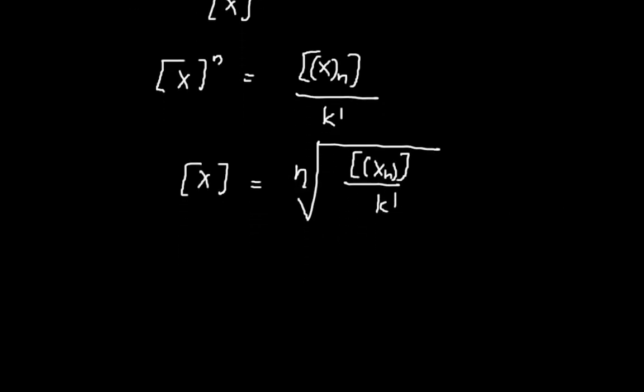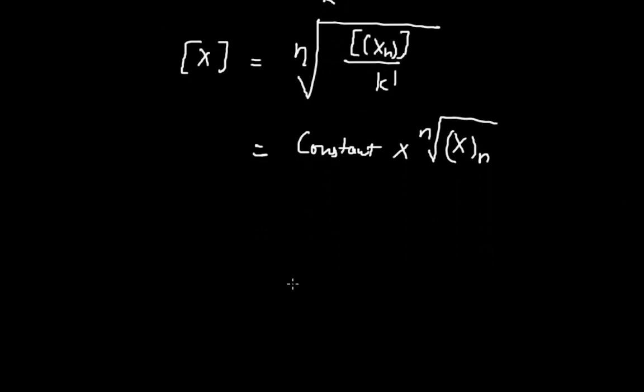So I can take the root of K dash as a constant, into the nth root of the concentration of Xn.